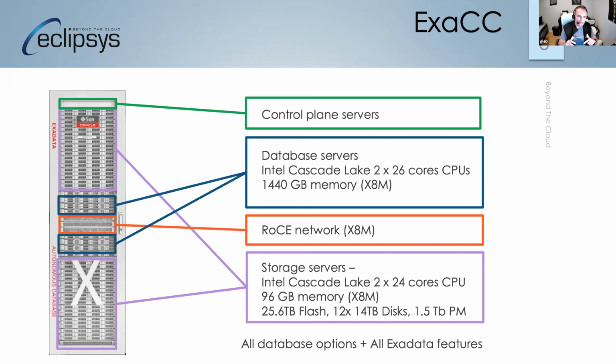You have more memory, by default 1.4 terabyte of memory per server. And on storage servers, again, you have more CPU. Instead of 16 core CPU, you have 24 core CPU there. But the flash and disks and persistent memory are the same.